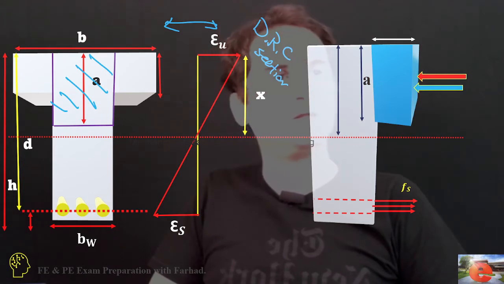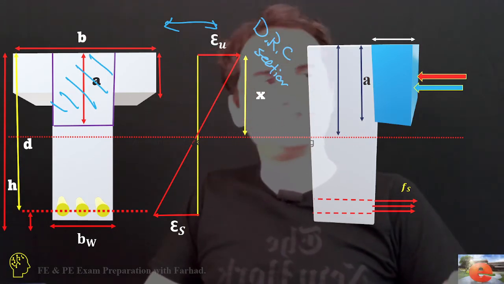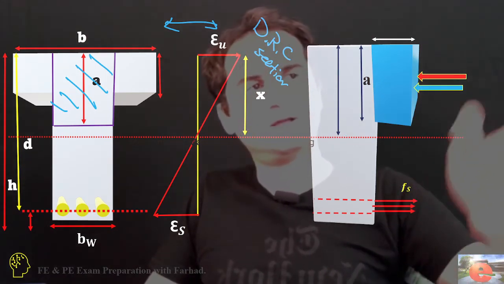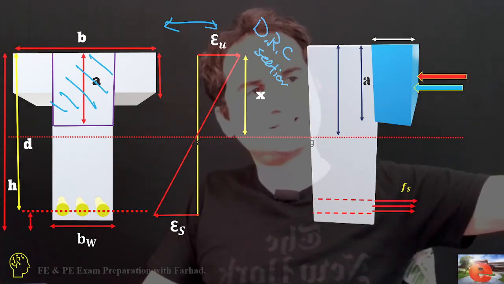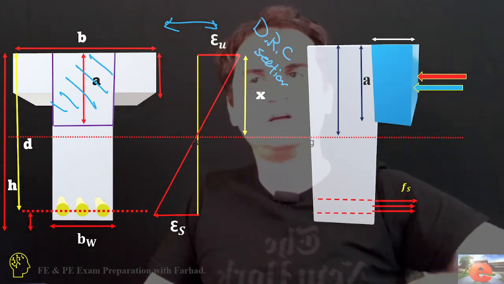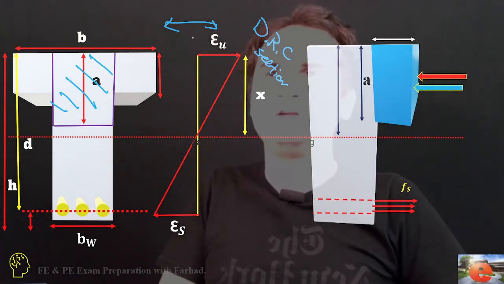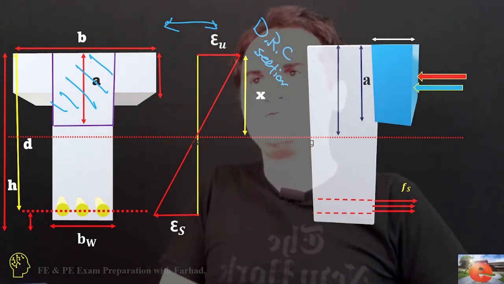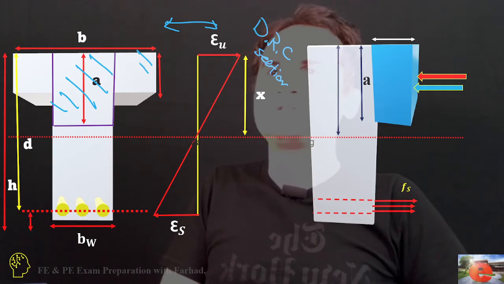If you remember, in a double reinforced section, we dissect the section into a domain of compression steel and a domain of tensile steel.